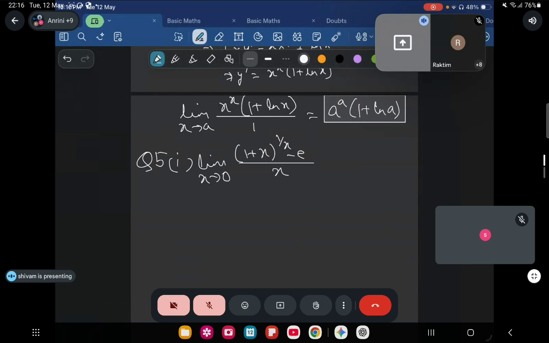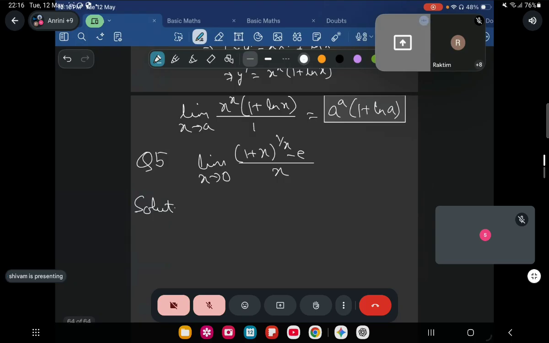Okay, so everyone pay attention. Just now, I've taught you the expansion of (1 plus x) whole to the power 1 by x. I think you people have forgotten. So what will we get?